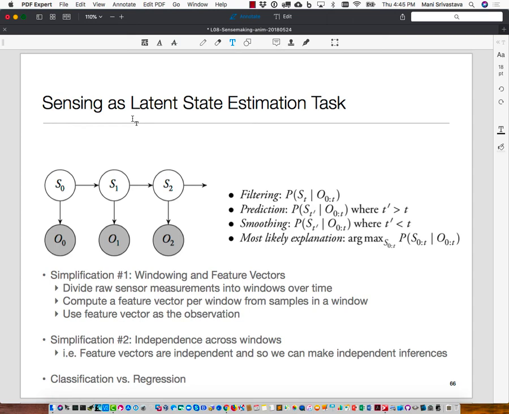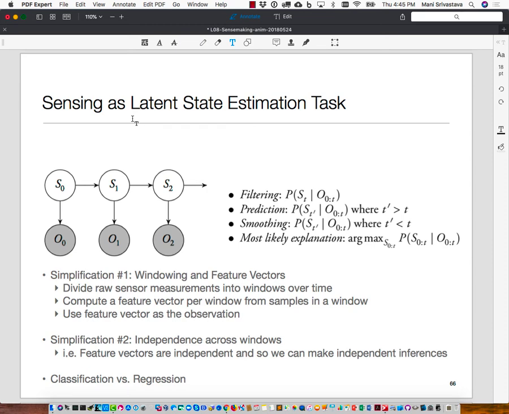Regression refers to estimating a real value, a number. For example, what will the temperature be in the next time step? These are more numeric in nature, and they lie on a number line, whereas in classification there is just a set of discrete points.